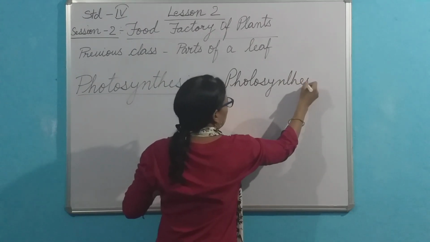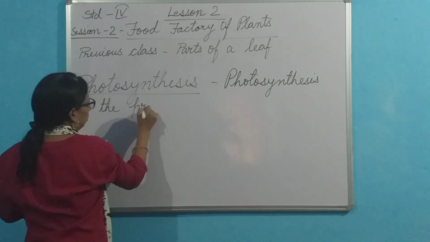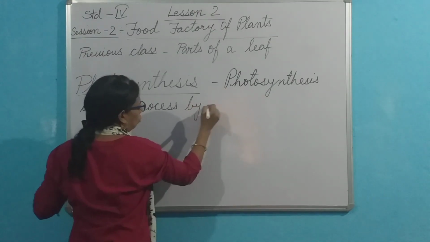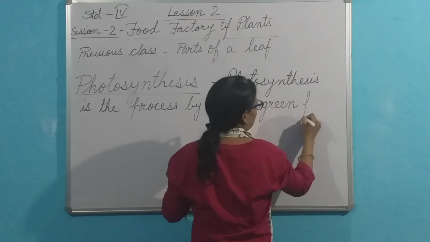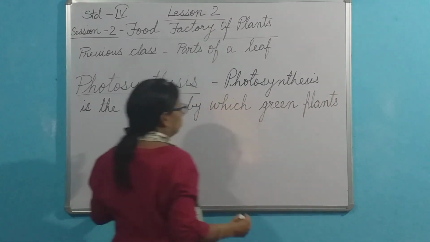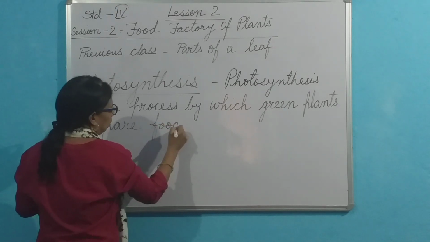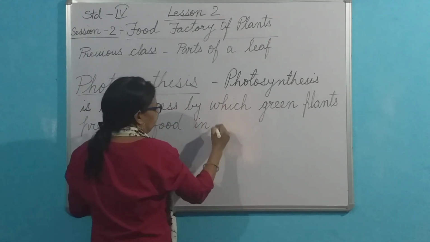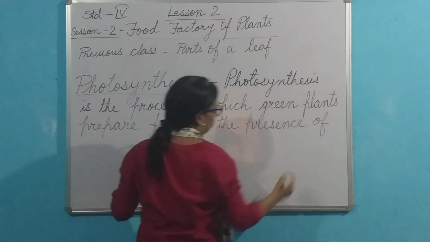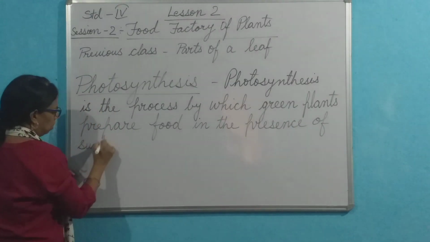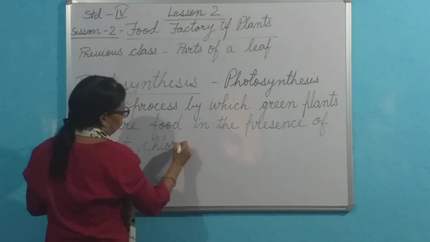Photosynthesis is the process by which green plants prepare food in the presence of sunlight, chlorophyll.